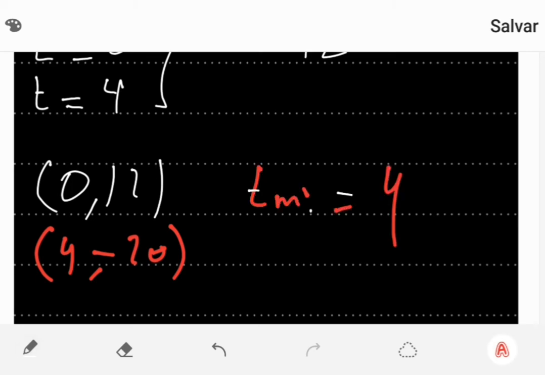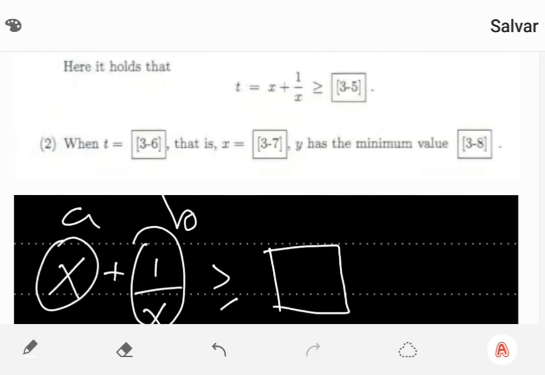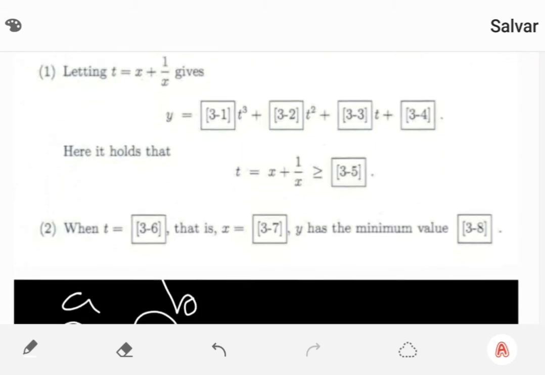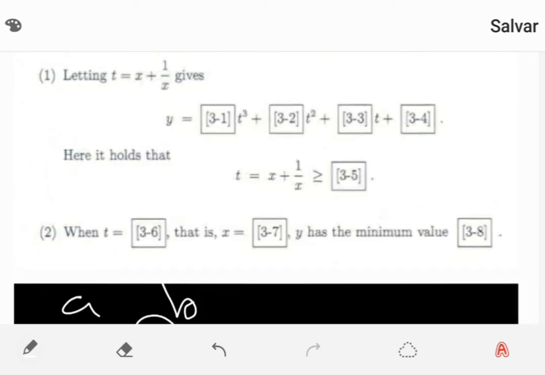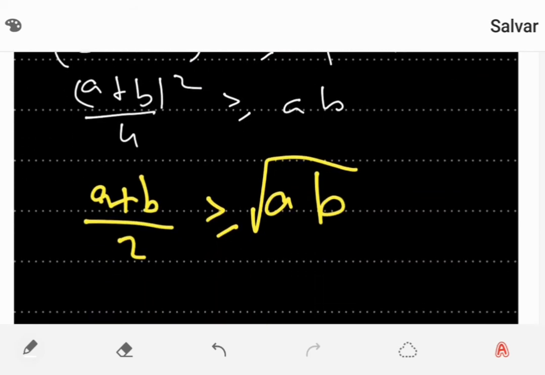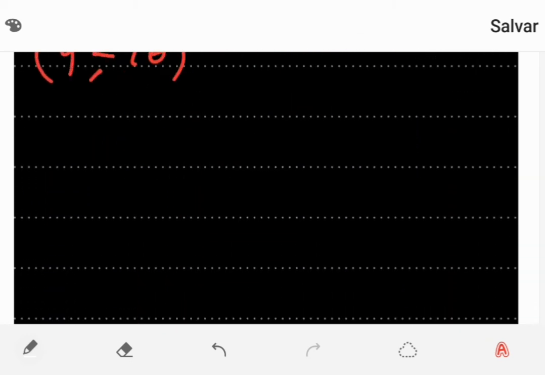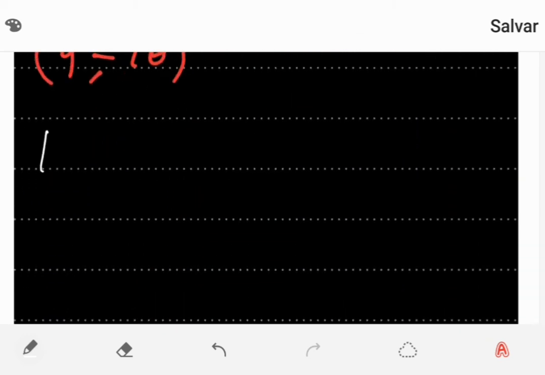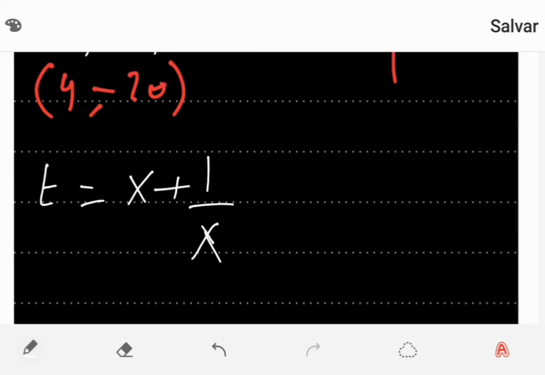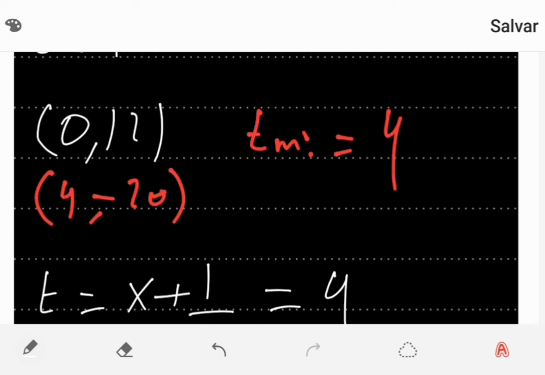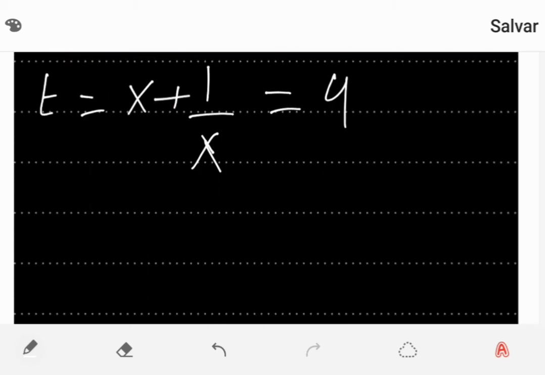Okay, so what else did he want? Well, the x. The x is no problem, right? Why? Because remember, t is equal to x plus 1 divided by x. But in this case, t is equal to 4, right? So let's find the value of x.